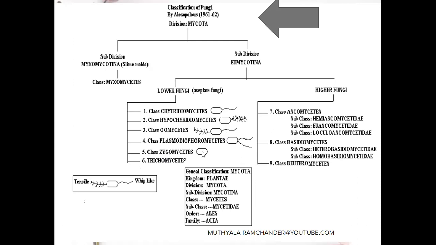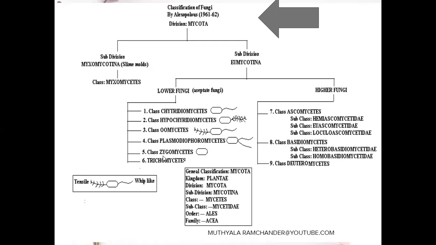Zygomycetes produce zygospores. Trichomycetes also produce zygospore-like structures. Zygomycetes means zygospores. Zygospores are in a diploid condition. Diploid spores released from the fungi are called zygospores.